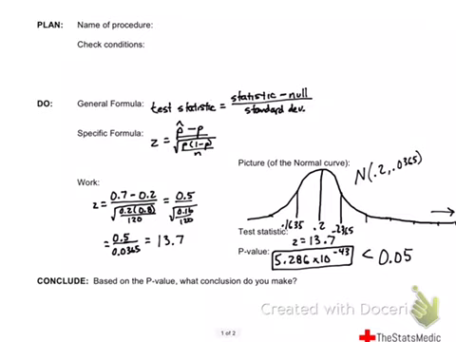And we kind of have our formula for how to say this. We do have convincing evidence to reject the null hypothesis.